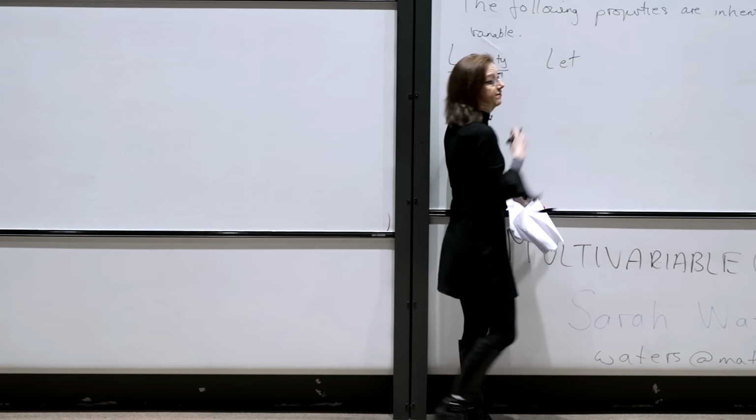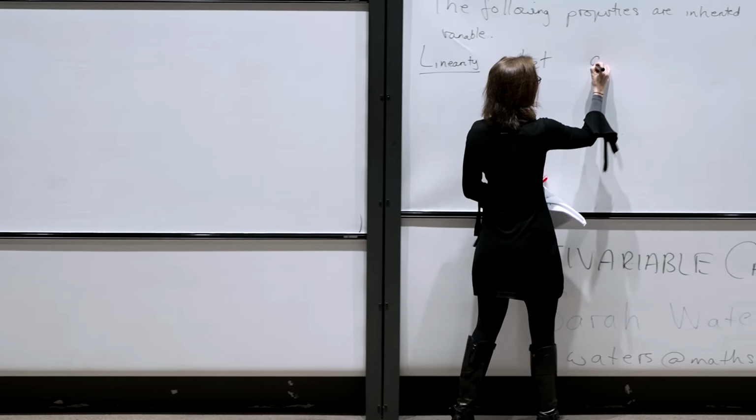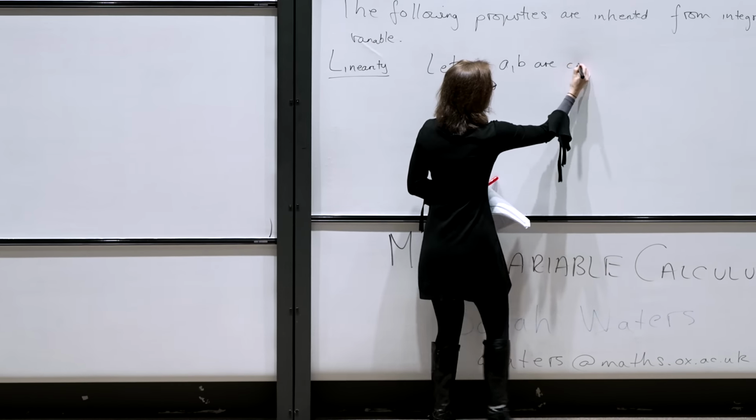So let's start with the property of linearity. Let's suppose a and b are just constants.